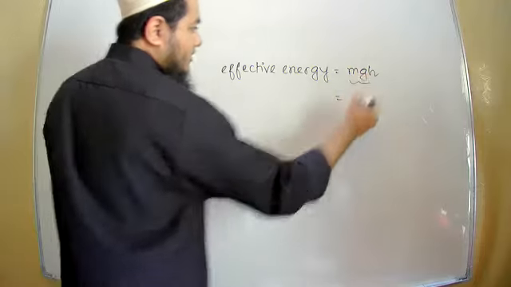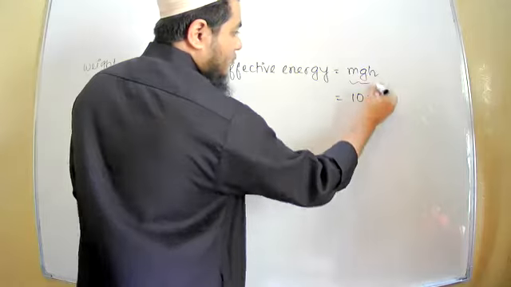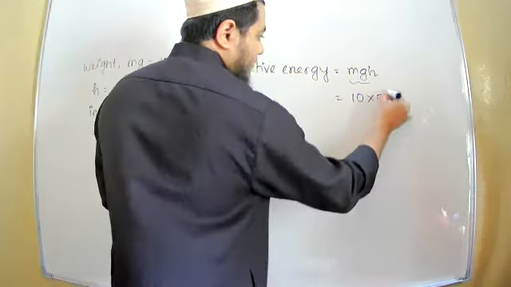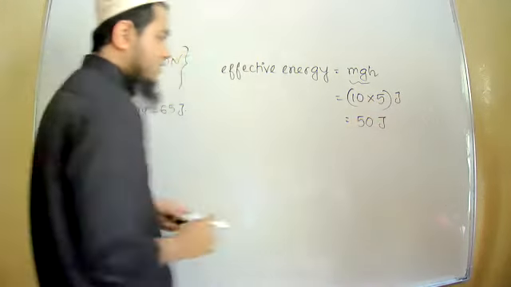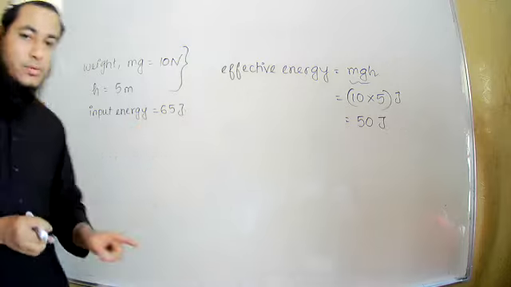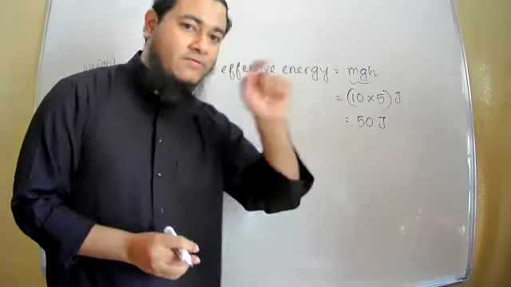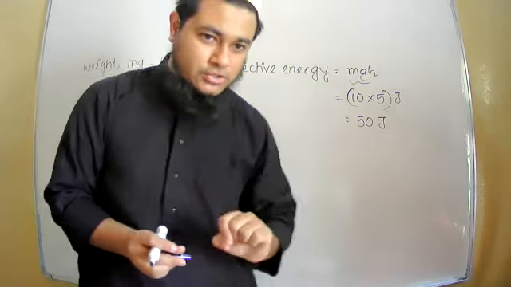Now m into g is given as 10, into h is given as 5, so 50 joule. See, the machine took 65 joule from you, but the machine is giving back only 50 joule. So there is an amount of energy that the machine has lost, right?